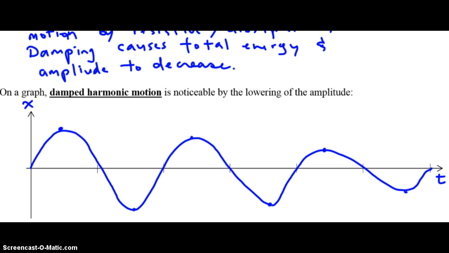And you can see that with each successive oscillation, the amplitude, X0, is getting smaller and smaller. That is the characteristic of damping on a graph.